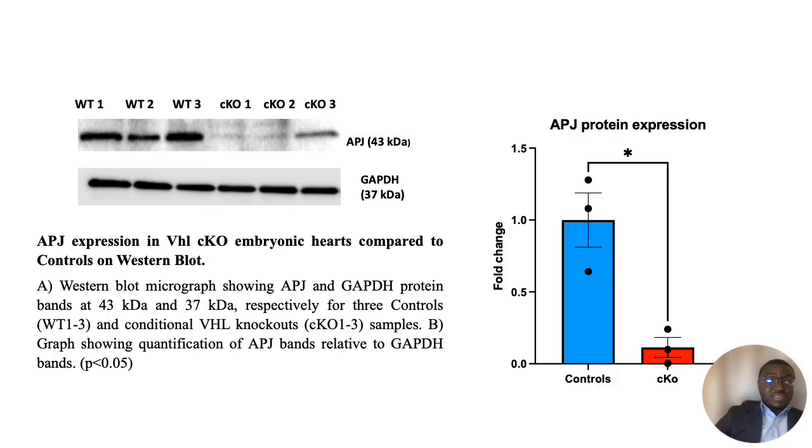Since APJ expression is crucial for sinus venosus derived vessel formation, its downregulation implies a likely reduction in the sinus venosus contribution to the coronary vasculature in the hypoxic condition. These findings suggest a model where hypoxia favors an alternative vascular progenitor pathway.